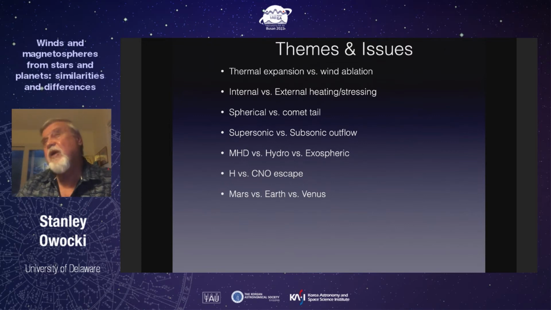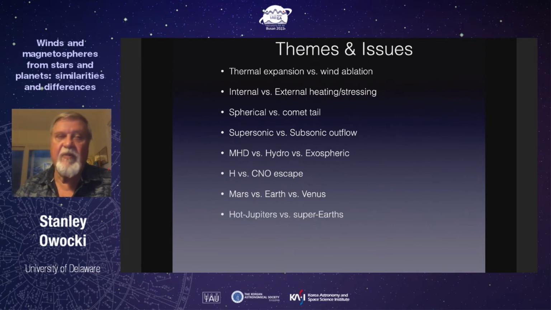And that's because as you get closer, you also have more outgassing of volatile elements that escape the rocky planet. And so whether an atmosphere will be ablated or not is not so simple. It depends also on the internal physics of planet formation.